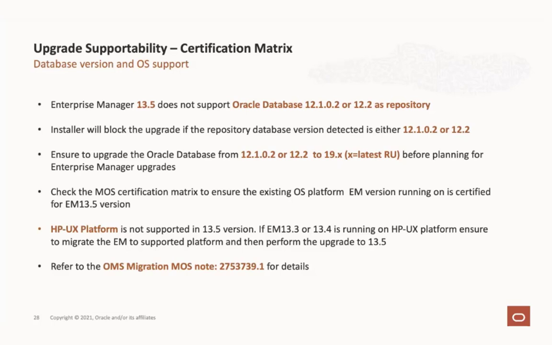So they have to take a path of migration. The first step is to migrate, and once your migration is done, then you can plan for the upgrade. We have this Moss note available which talks about the detailed steps on how you can migrate your OMS. And we highly encourage you, if you are running your OMS on HP UX, to plan for migrating your OMS to the certified platform, and then you can plan for your upgrade to 13.5.